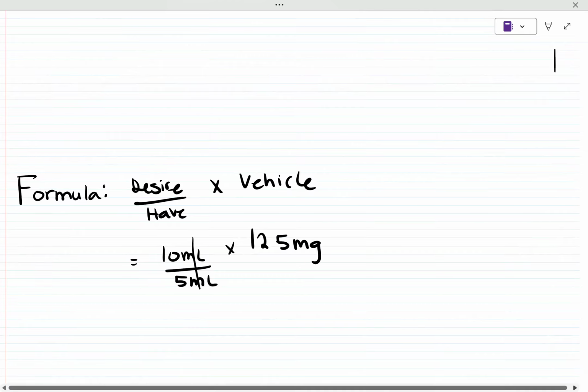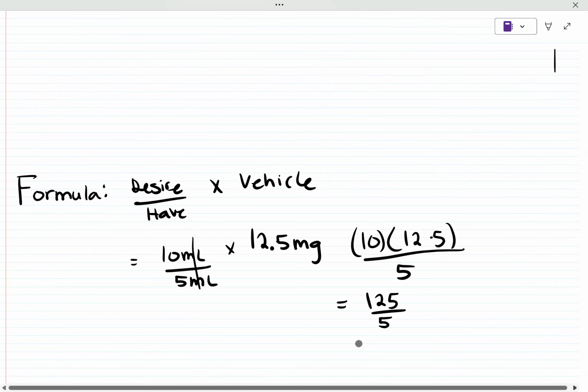The milliliters disappear, so you're left with 10 times 12.5 over 5, which is 125 over 5. So that is going to be 25 milligrams.